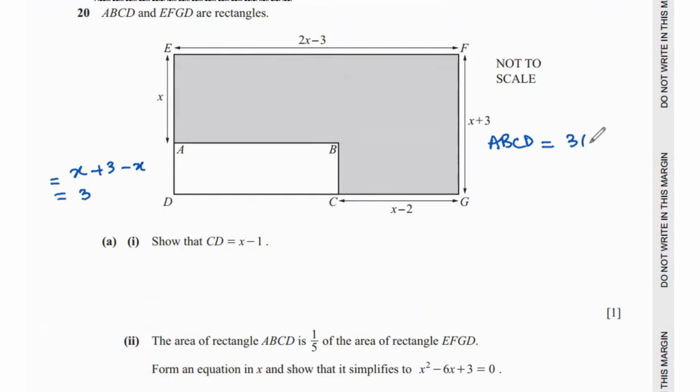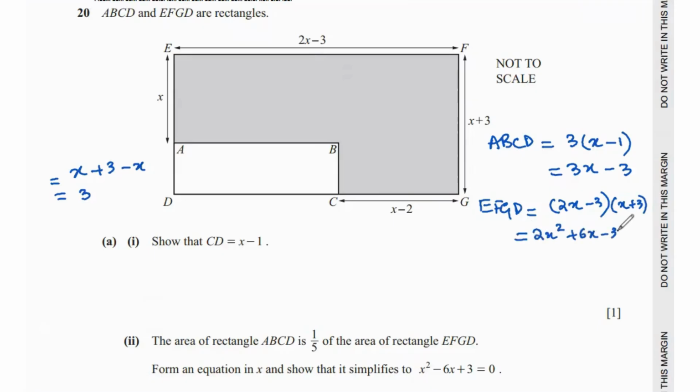So 3 times x minus 1, which is 3x minus 3. This is the area of ABCD. And for EFGD, your area is going to be 2x minus 3 times x plus 3. That's 2x squared plus 6x minus 3x minus 9, which is 2x squared plus 3x minus 9. That's the area of EFGD.